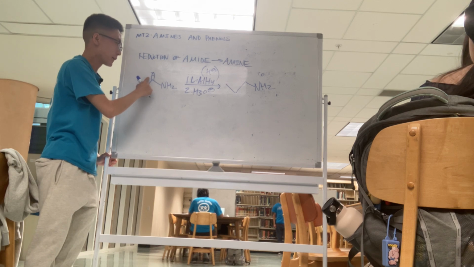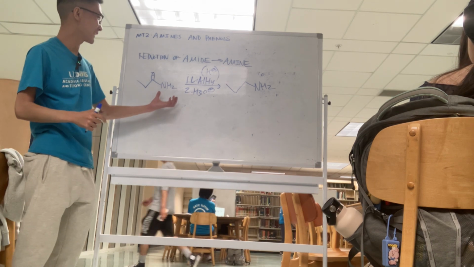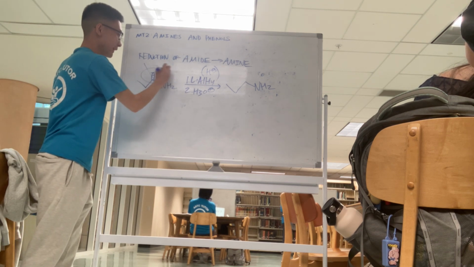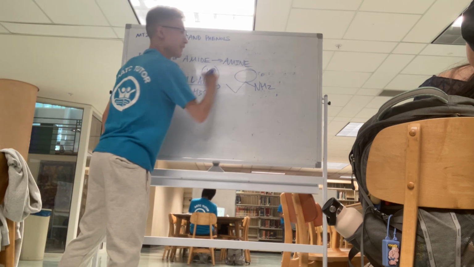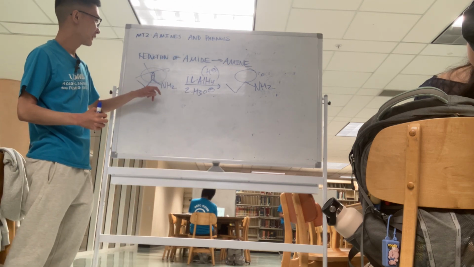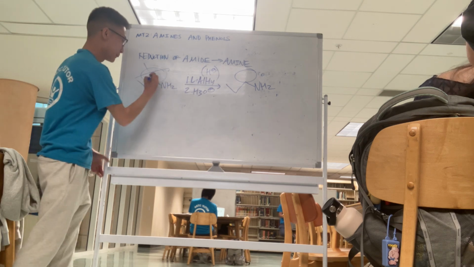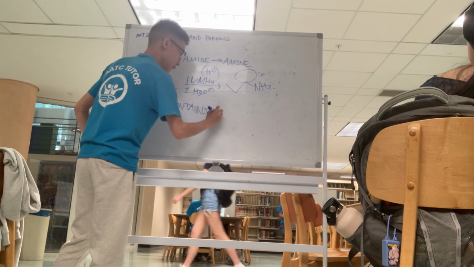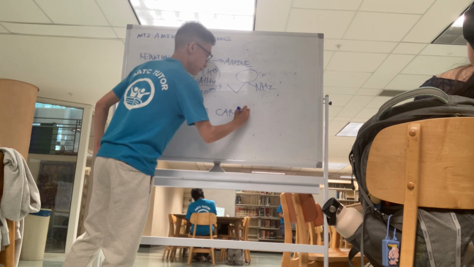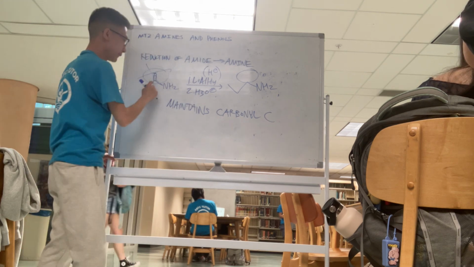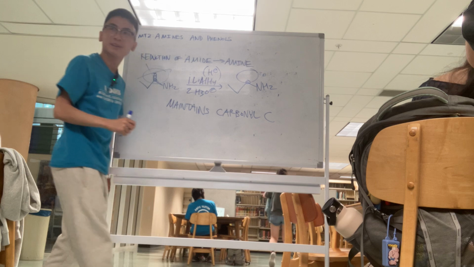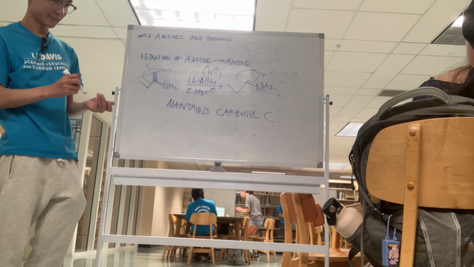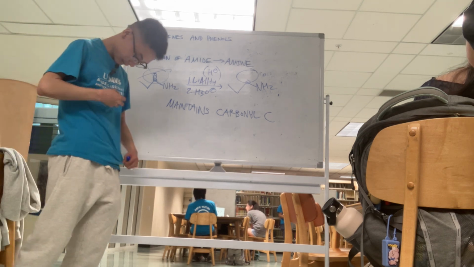The mechanism for the amide is actually weird here. But this reaction reduces that amide into the amine right there, and it maintains the carbonyl carbon. That carbonyl carbon is still there. It's not like the Hofmann rearrangement reaction where we cleave that off. It stays there.